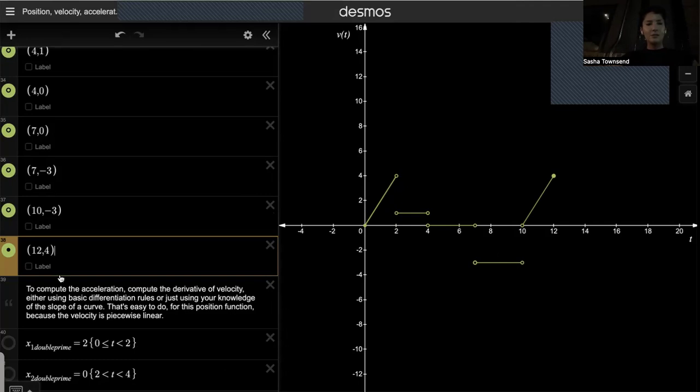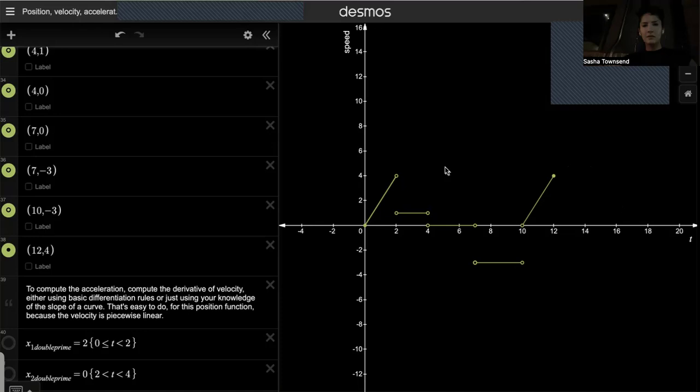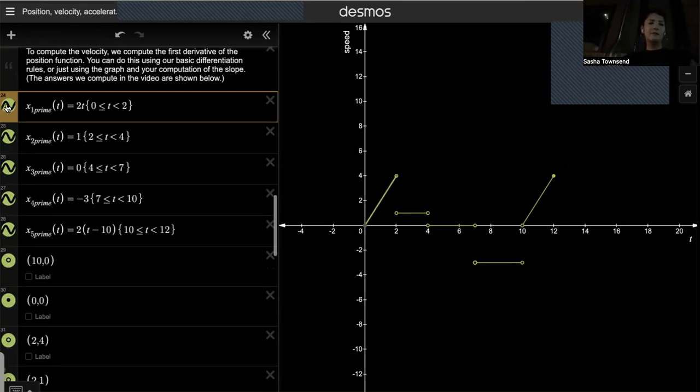Now, if we wanted to, we could also graph the speed. If this is the speed, well, everywhere where our function is non-negative, we would just keep those pieces exactly the same. So for the speed, I would just have the same graph as I would typically have for velocity.